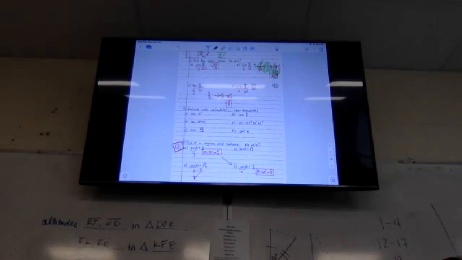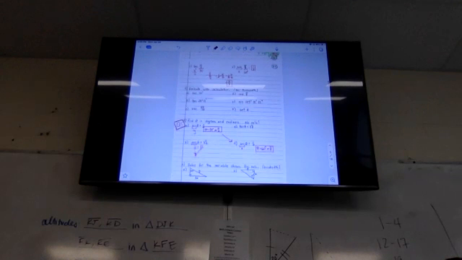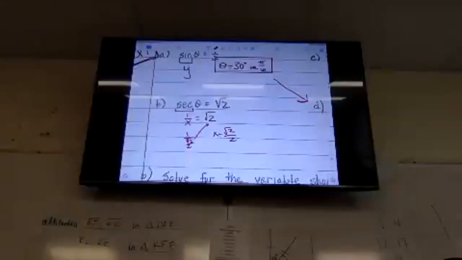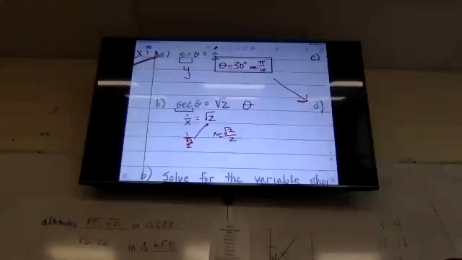So my secant can only happen when my x is √2/2. And what angle has my x be √2/2? Good, 45. And what's its radian? Very good.